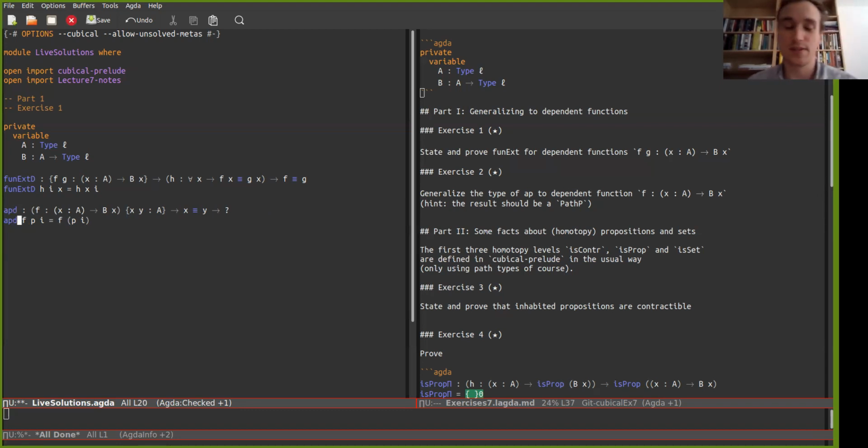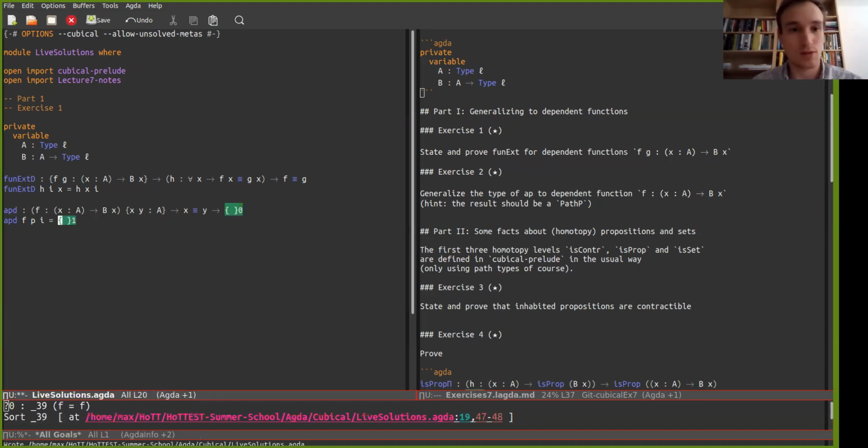So now the goal, as you can see down there, is, but make this a bit smaller.